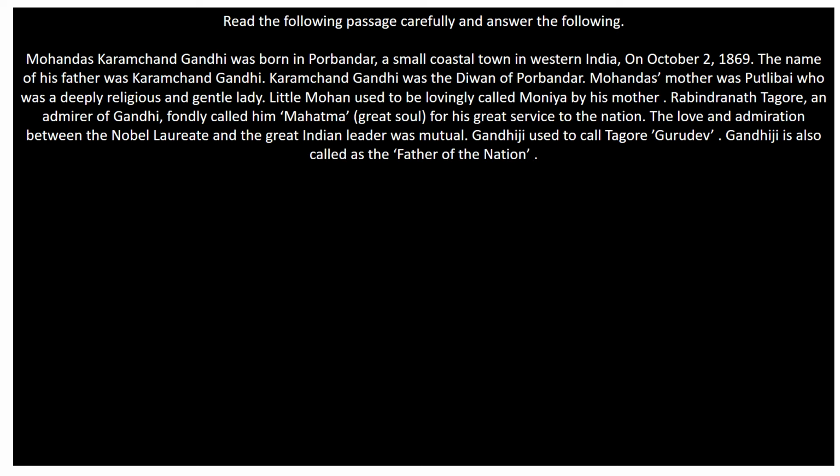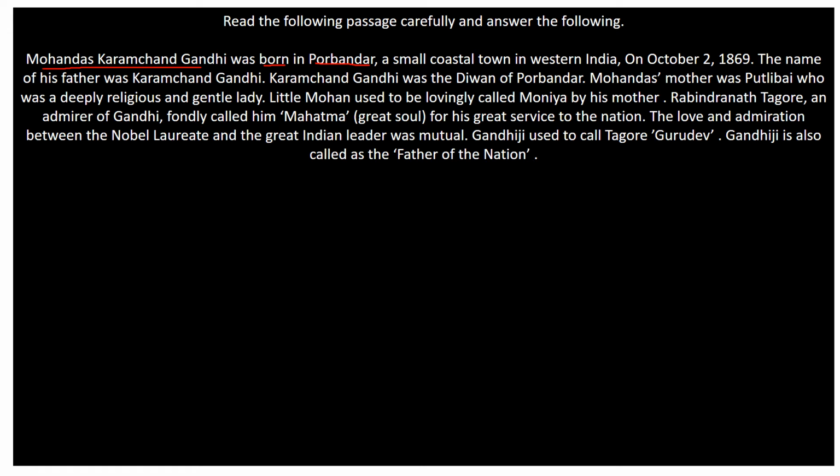So let's get started. Mohandas Karamchand Gandhi, as this is a name, I will mark. Mohandas Karamchand Gandhi was born. So I get this word born in Porbandar. I have got it, means, but I feel that my answer is near to this.